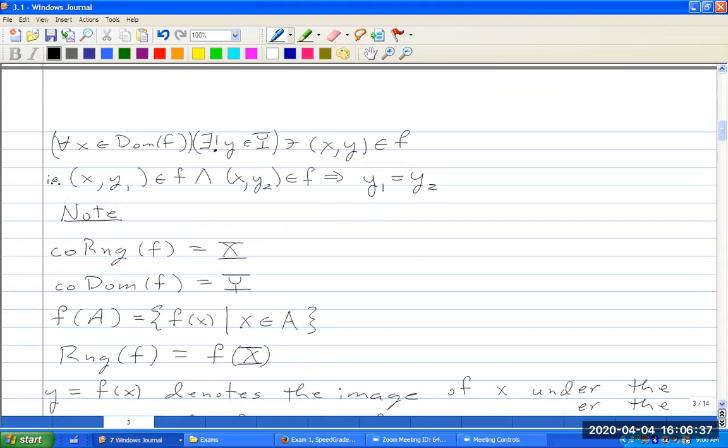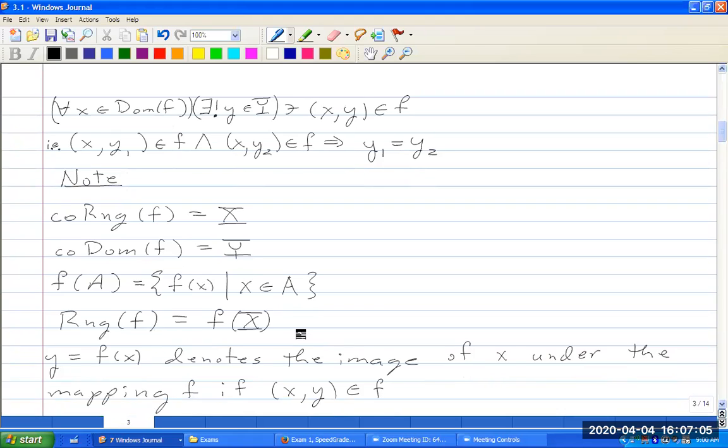I should note that the set X is called the corange of F. The set Y is called the codomain of F. F of the set A denotes the following set of all f of x such that x is in A. We will denote the range of F, abbreviated by this, as f of x.